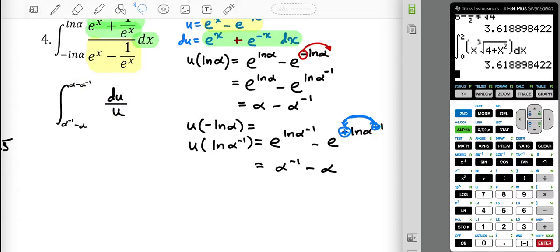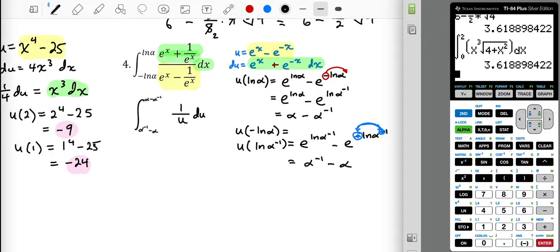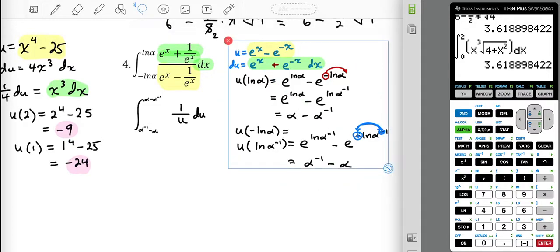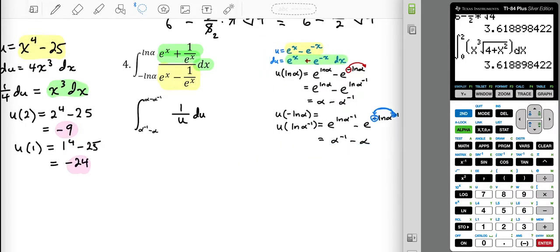All right. Now du over u is really the same as saying 1 over u du. So that in turn could be thought of as the natural log of u over the interval of one to the other. So ln of u over the interval, and I'm just going to snag these two.